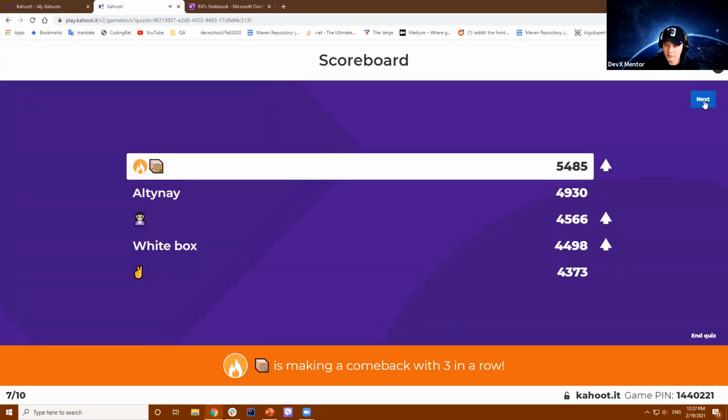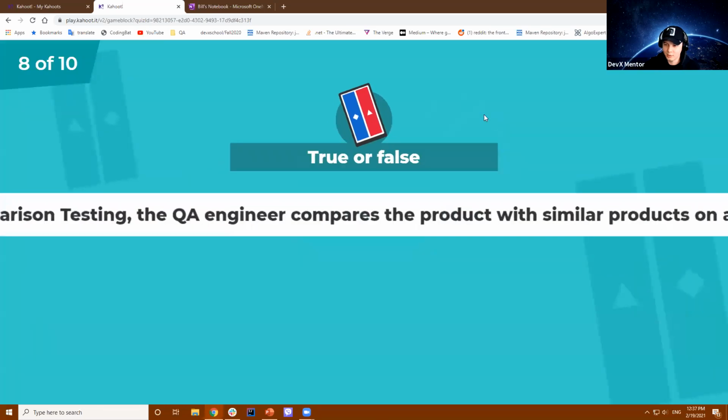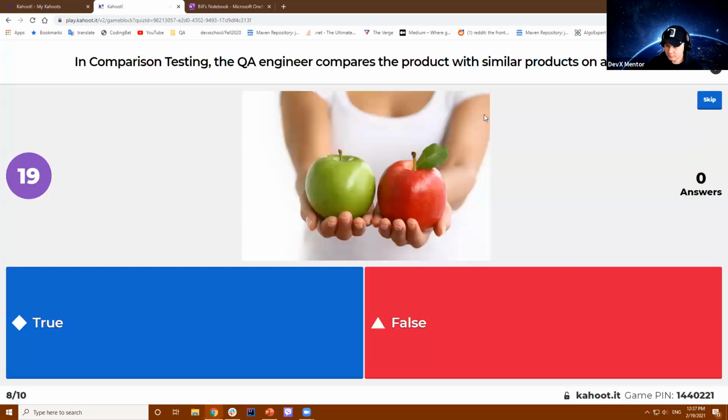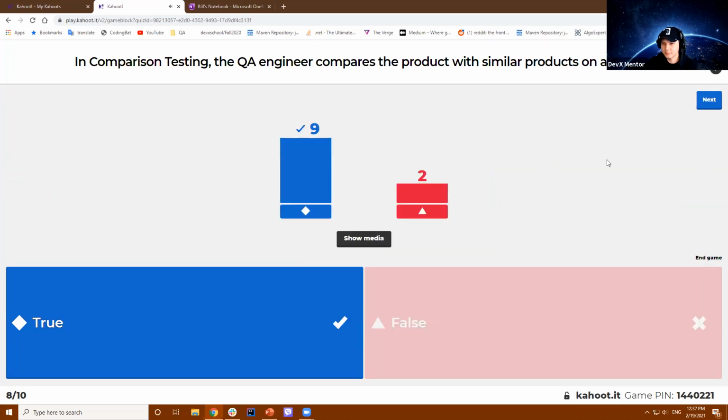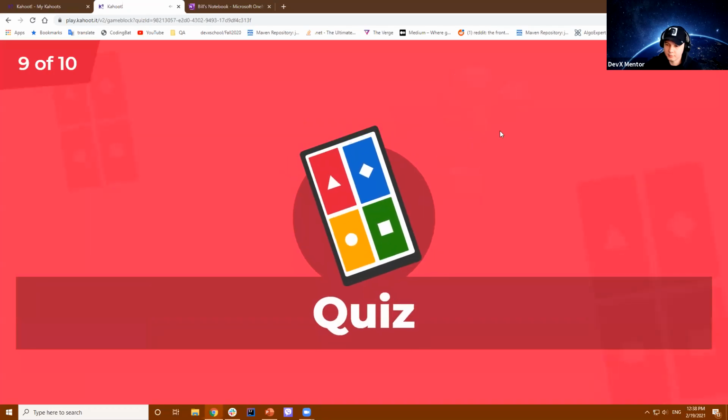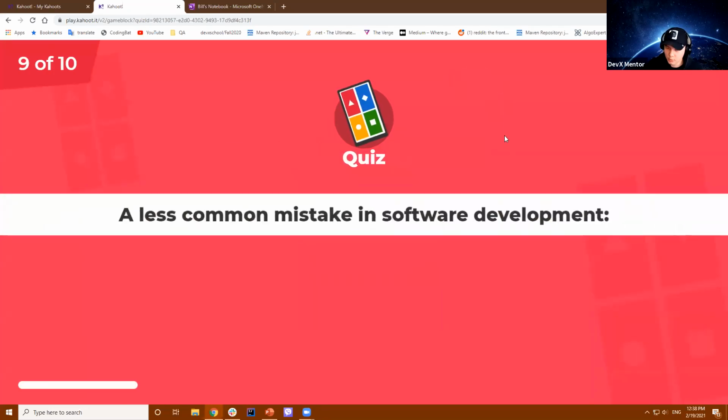Good job, gray box. True or false? Yep, easy one. We talked about eBay and Amazon, so we can test and check what we have on the market and check if our product behaves in the same way. Double points for this one.